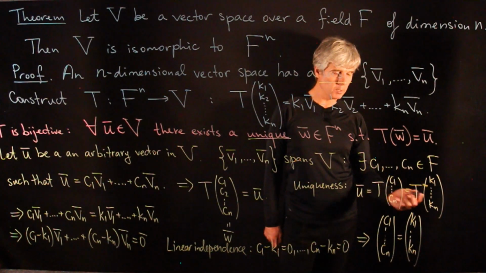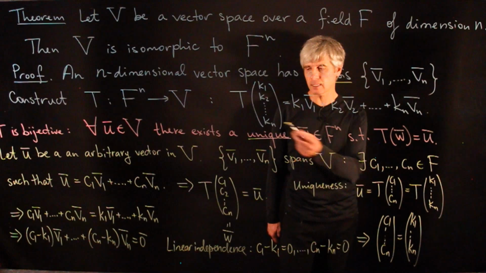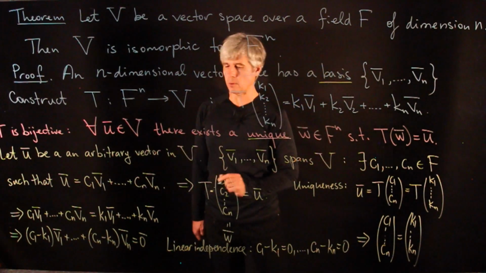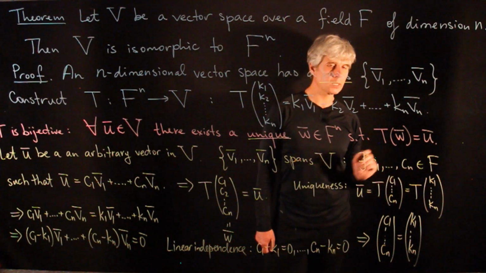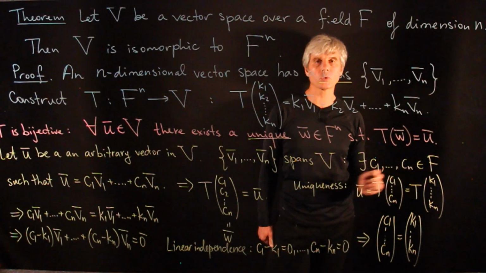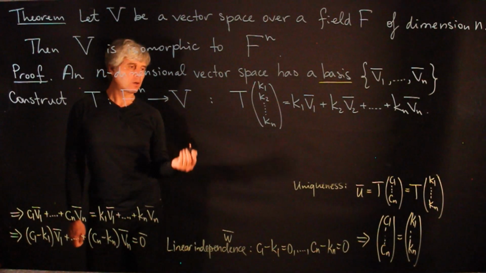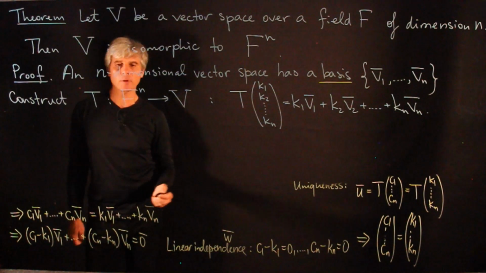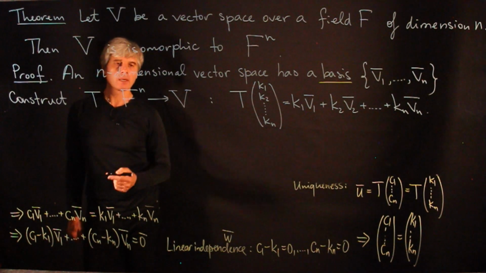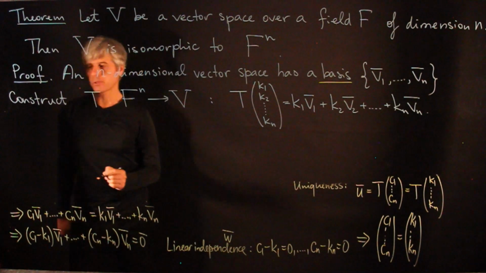So the pre-image of any vector exists. This was our first step. And now we proved that not only does it exist, but it's also unique. So next we verify compatibility of this map with the operations of our vector spaces.